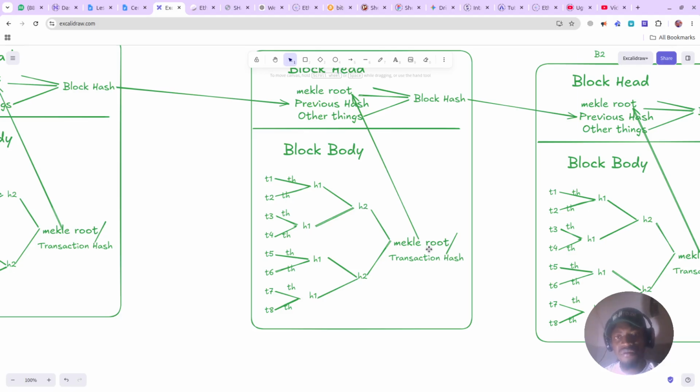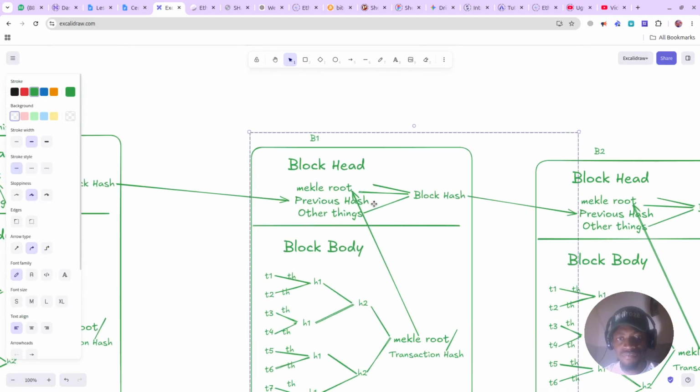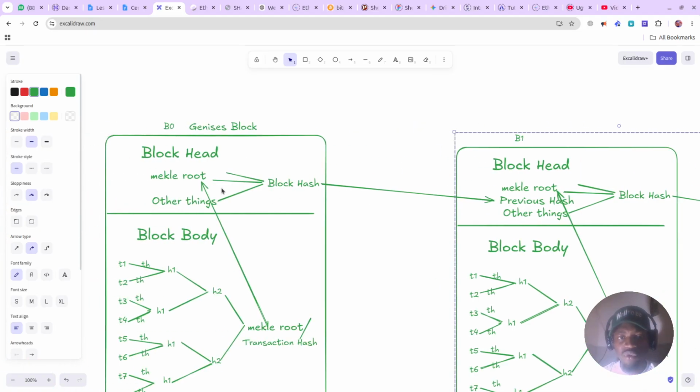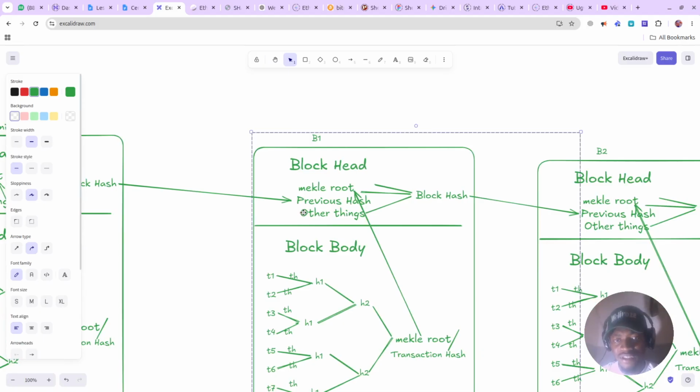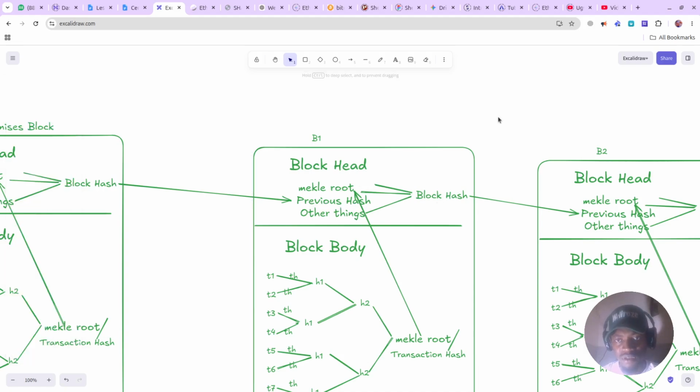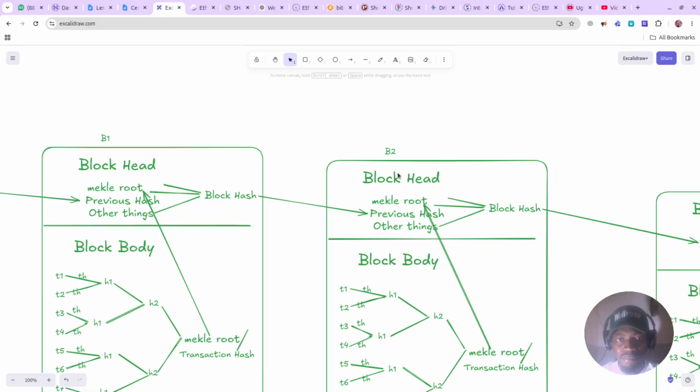So the Merkle root is also added to the block head. Now in this case we now have a previous hash. So this first one does not have a previous hash because it was the first block that ever existed. Are you following? But this block now has a previous hash. So all of them are now joined together to produce the block hash for this block. So that block hash is also passed on to the next block.